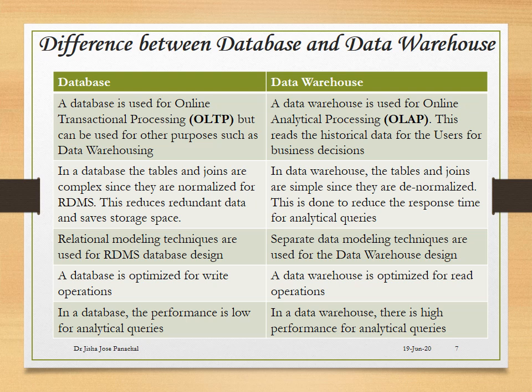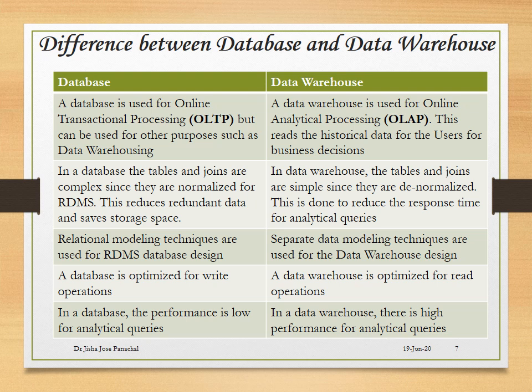And the next point is based on the modeling techniques used. Relational model techniques are used for RDBMS database design, but for a data warehouse we have to use separate modeling techniques that we will discuss later. Next point is that a database is optimized for write operations.